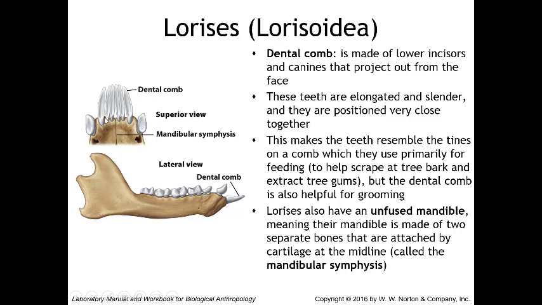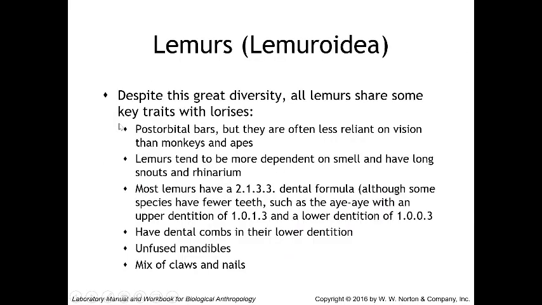So when I'm talking about dental formulas, that's what I'm talking about in the quadrant of the mouth. So we apes have a 2123 dental formula with 2 incisors, 1 canine, 2 premolars, and 3 molars in each quadrant of the mouth. And so that's what we're talking about.